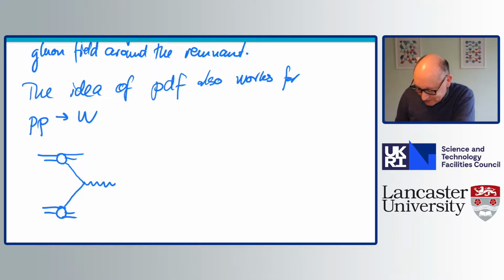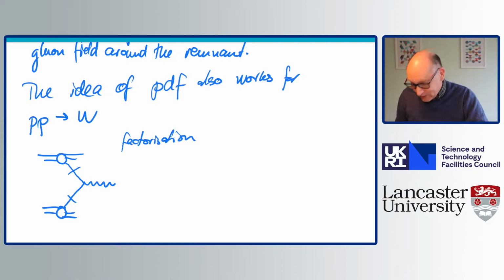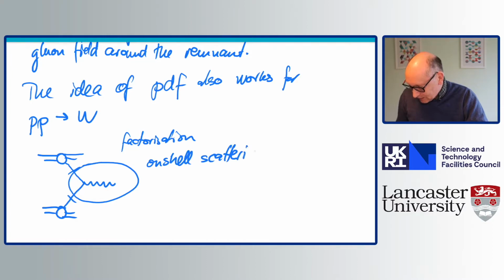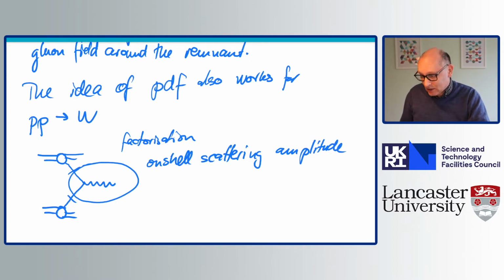We strike a quark in each proton with the created W. And here we can also use factorization to extract the quark from the proton and let it interact in on-shell scattering amplitudes that we can calculate, as we did earlier in this course. Even though the state that we start from is that of confined protons.